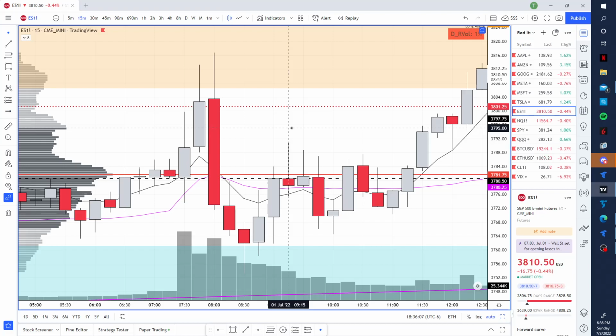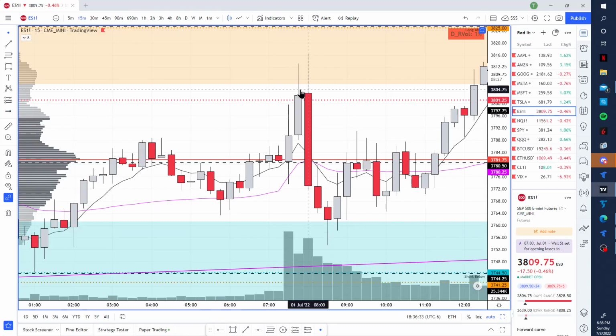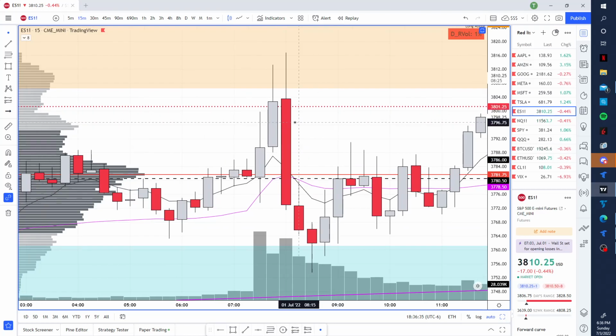The thing that sucks is that even if he sized into this at the end, you usually play, or you used to play, your risk at the top of the wick. You would have got shaken out anyways, which is kind of poopy. I was going back to the other one, the big red engulfing candle.